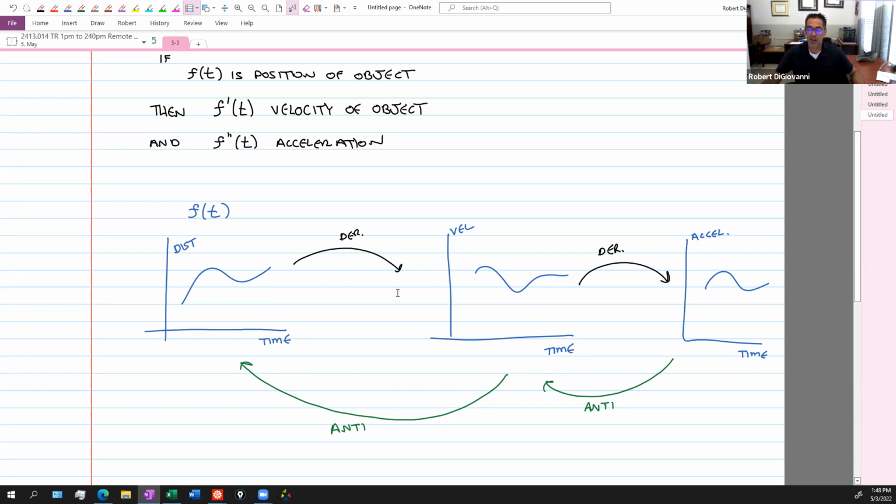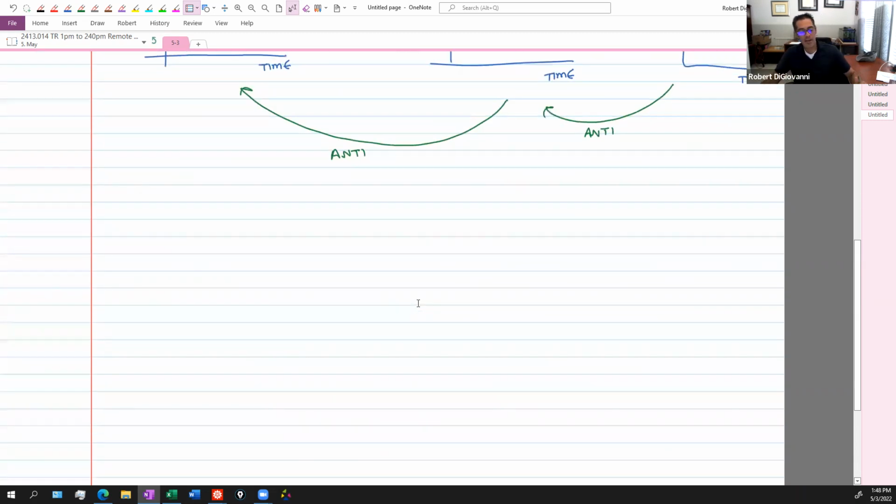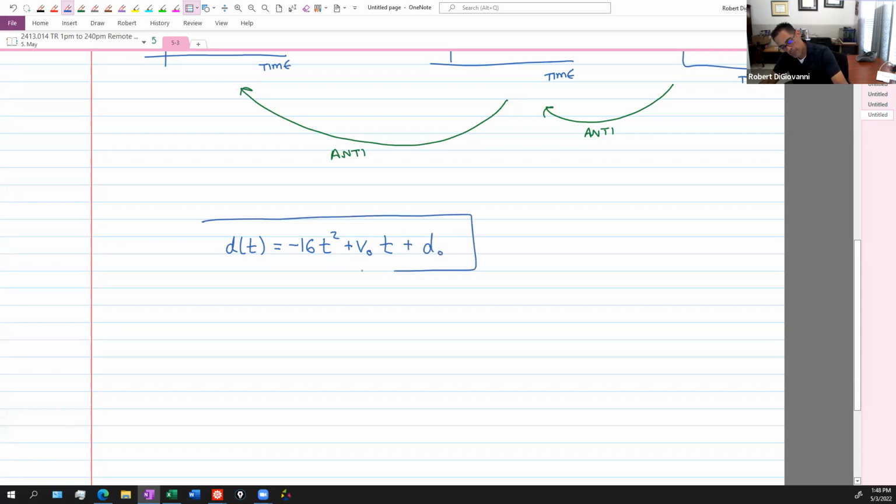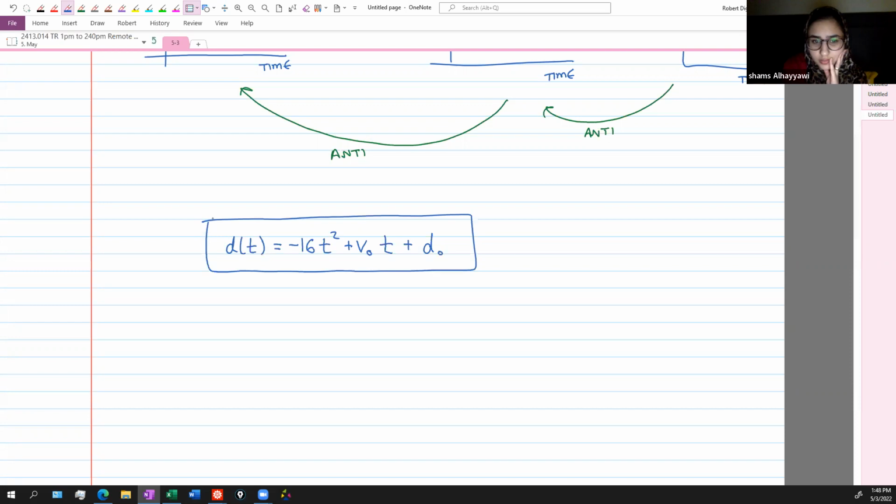So I'm showing you this for a reason. Have you all ever seen this function, either in a physics class or in college algebra? Does it look familiar? Has anyone ever seen that before? Physics, I think.